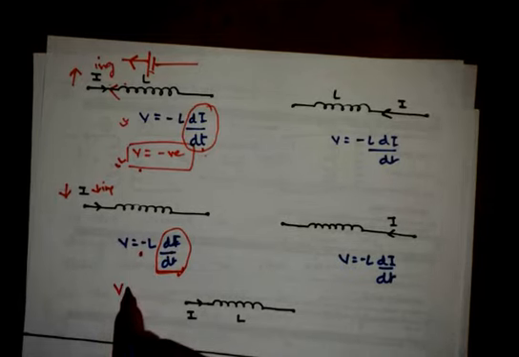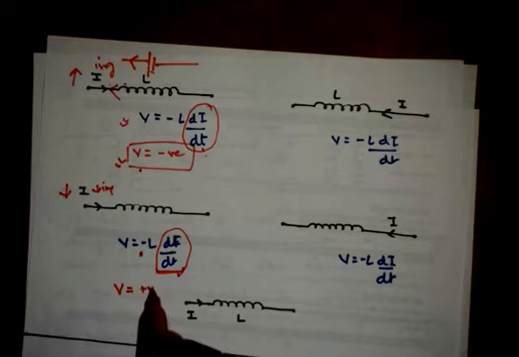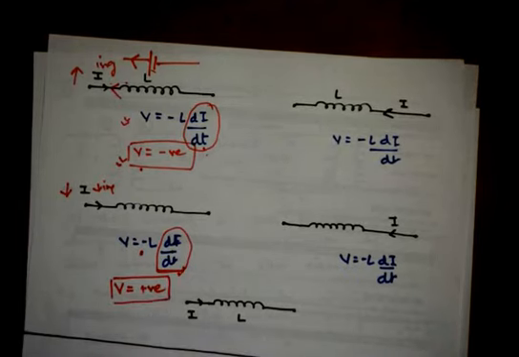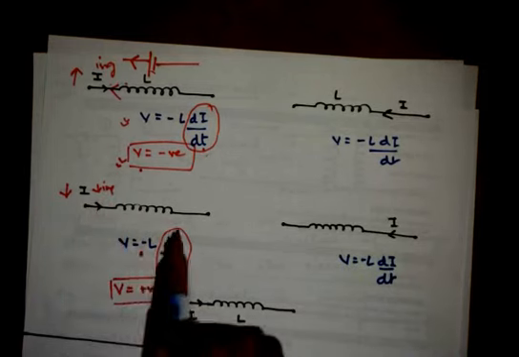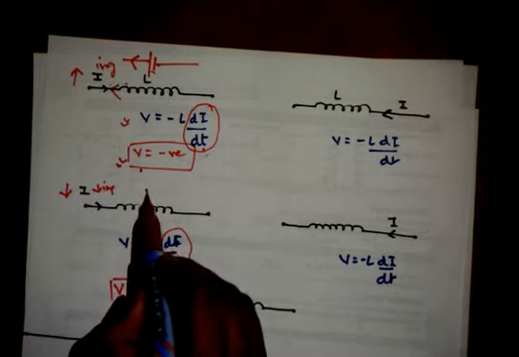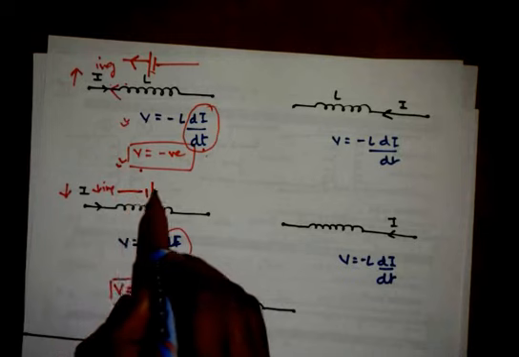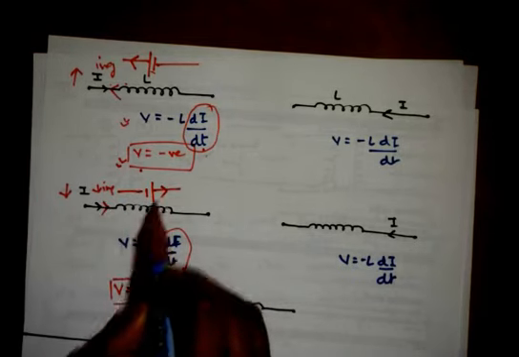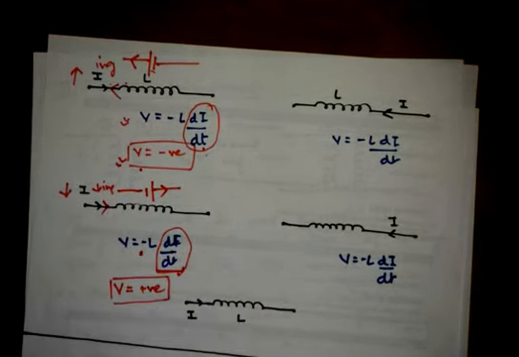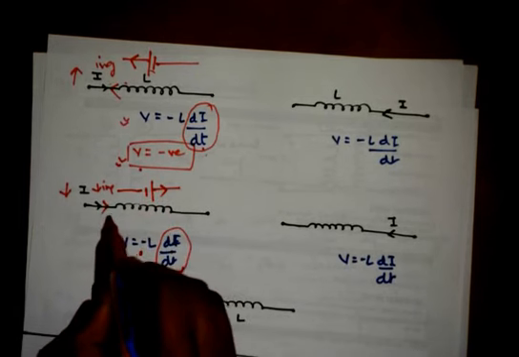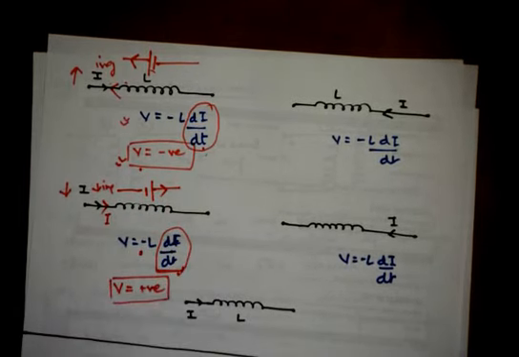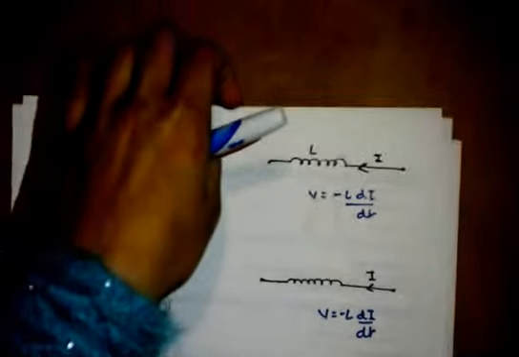So we will get induced EMF as positive voltage, right? That means this inductor will behave as an EMF source which will support the direction of this current. So this will induce a current which will support the direction of this current. Alright. Now let's take the other case.